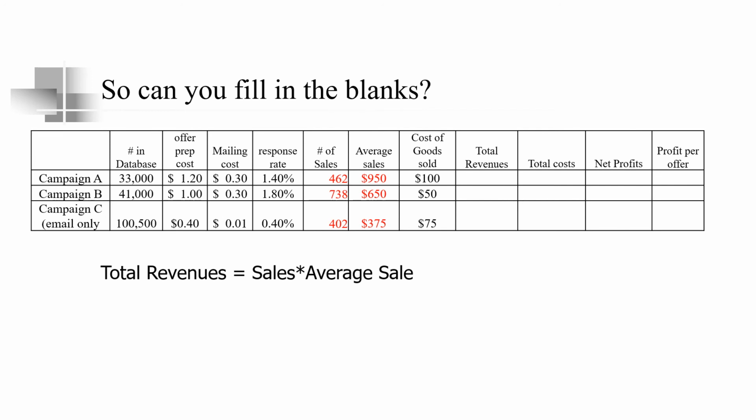Next, we would like to know what are the total revenues? Well, total revenues are the number of sales times the average sale. And so we would need to multiply those two numbers together and put them in the total revenue category. Once again, this is simple mathematics.